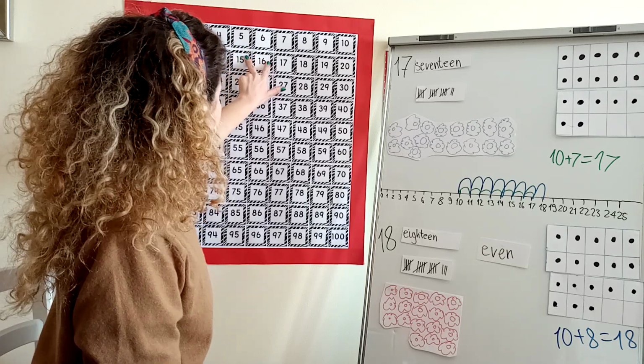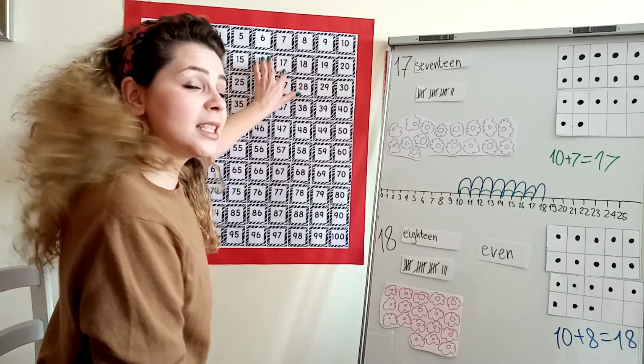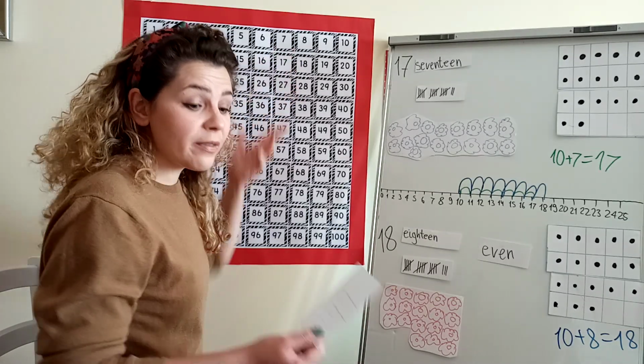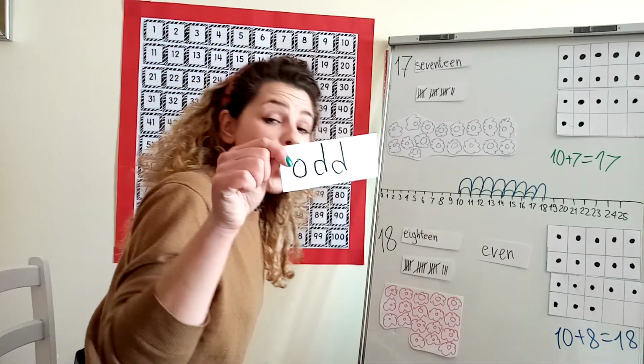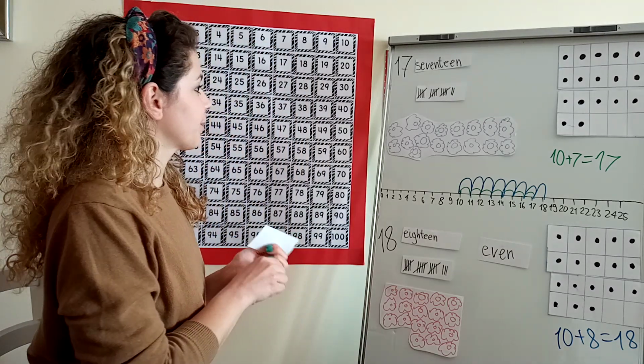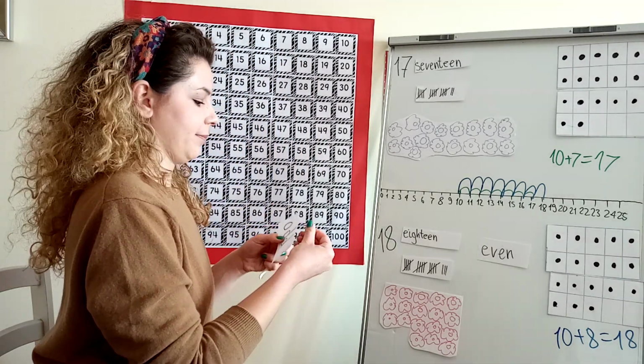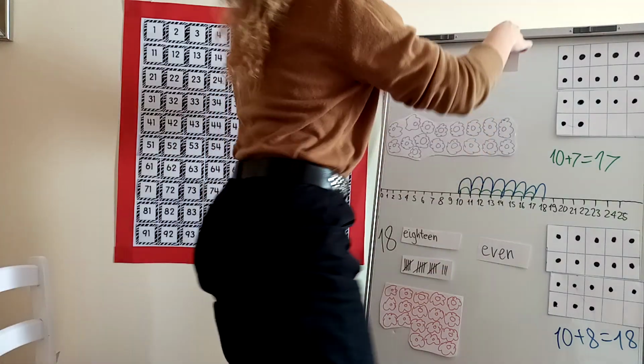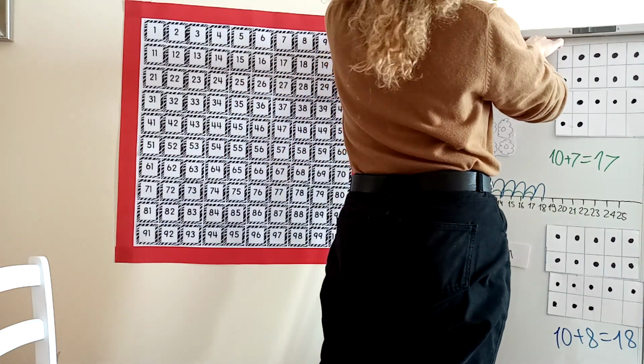So I get to 16 and then I say 17, but 17 doesn't have a pair. So 17 is a little bit alone. It's odd. Okay, and I'm going to put this here.